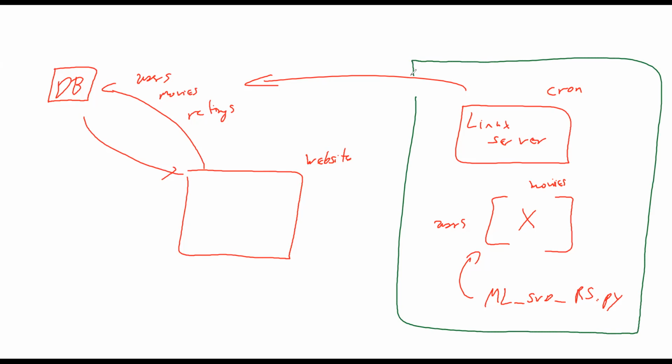So that the next day when the user logs in to buy a product, they check their order or whatever. Well, guess what? You have a little carousel down here suggesting new movies, new products, whatever. And they're going to be recommendations based on what this algorithm thinks that user will like.